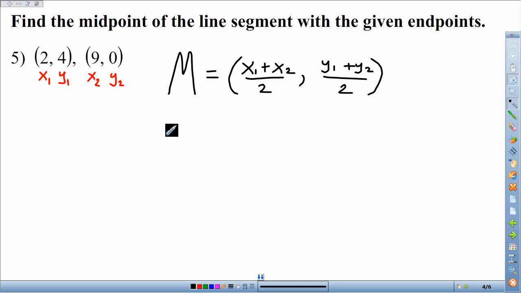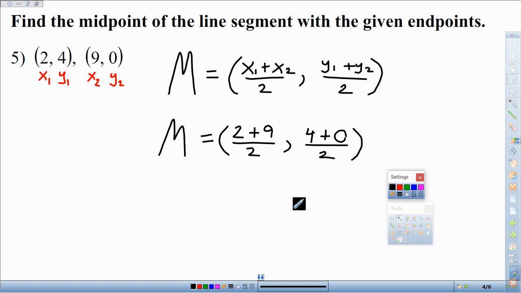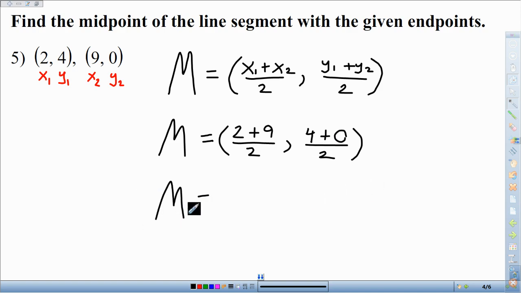Let's go ahead and plug in our values. x1 is 2 plus x2, 9, divided by 2. And then y1 is 4 plus y2, 0, divided by 2. Depending on how comfortable you are, you could do both steps at once. You could combine the numbers on the top and then divide by 2.